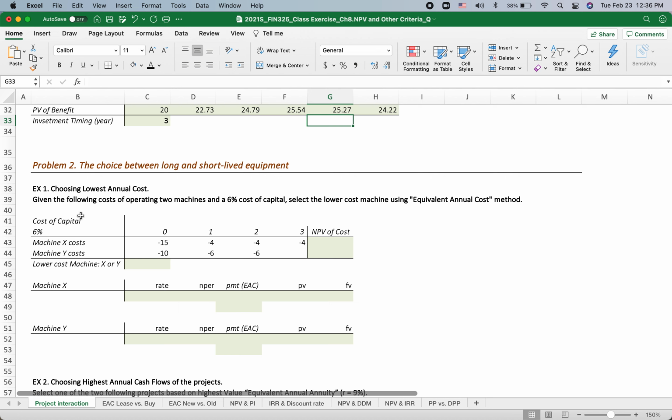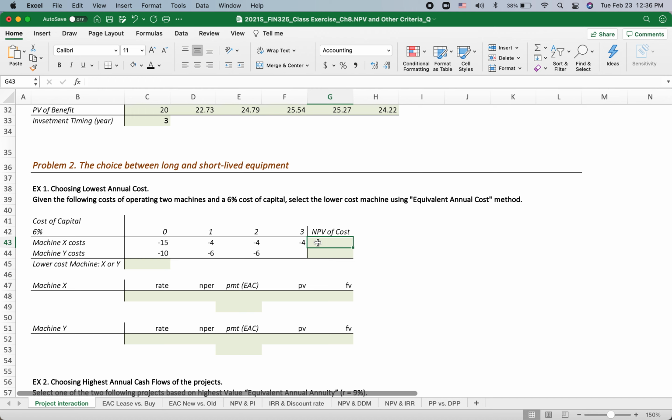So given the following cost of operating 2 machines, and the same 6% cost of capital, we need to select not the lowest NPV from the perspective of cost, but the lowest cost using the equivalent annual cost method.